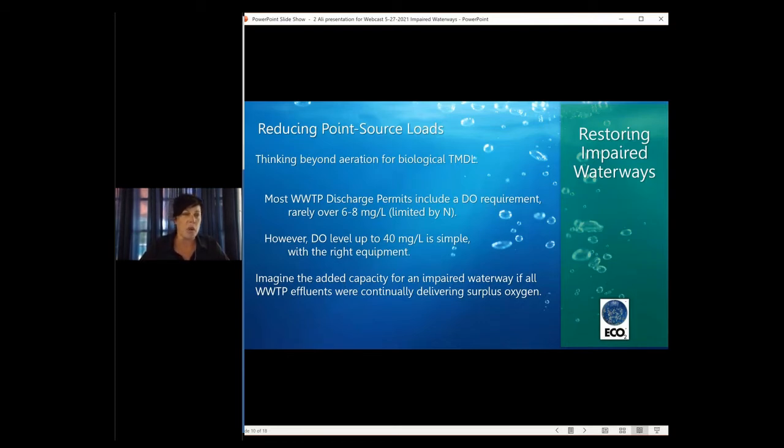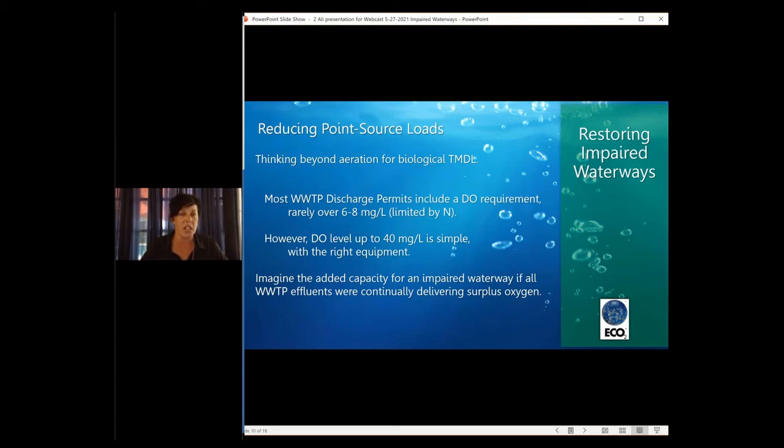So if you come to a point where you need to consider how to reduce point source loads, try thinking beyond aeration, at least for biological TMDLs. And consider most wastewater treatment plants have a discharge permit that includes a DO requirement. However, that's rarely over 6 to 8 milligrams per liter.